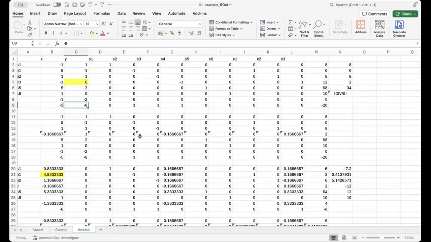You see, minus 5, minus 6. What about S1? S1 is 0, right? S2 is 1, 1, 1, then 0, 0, and then minus 20.